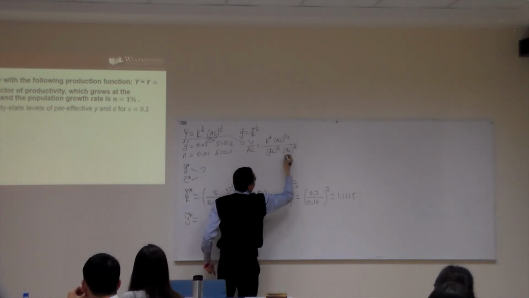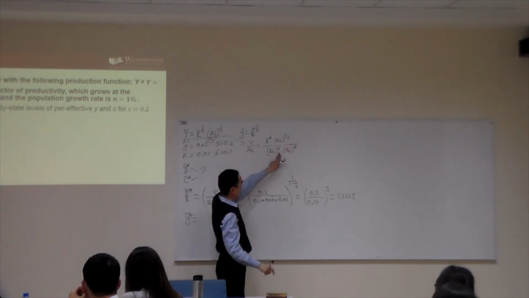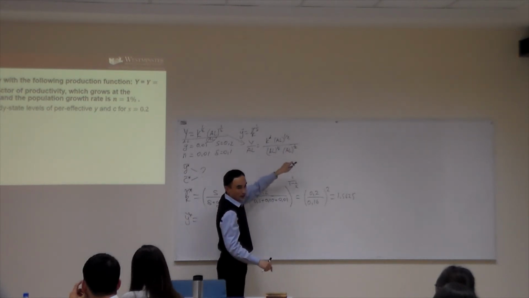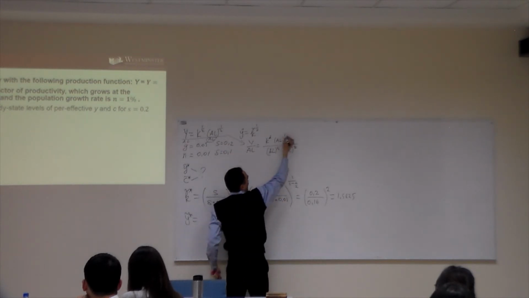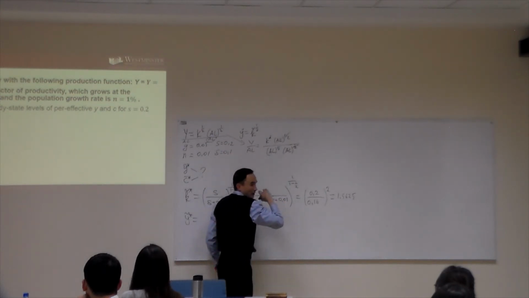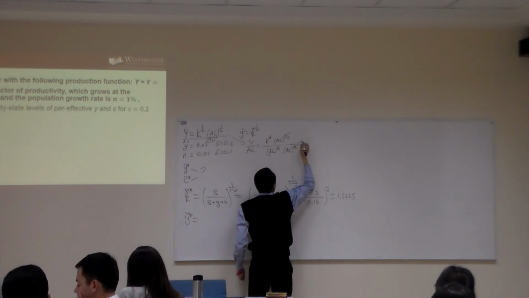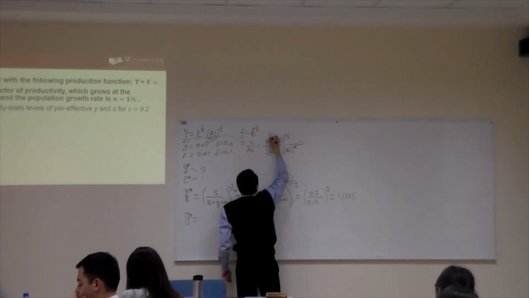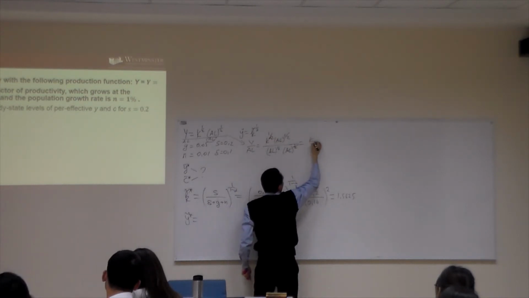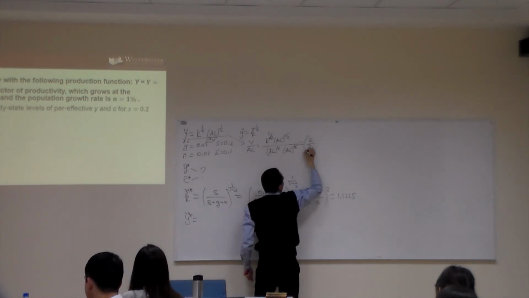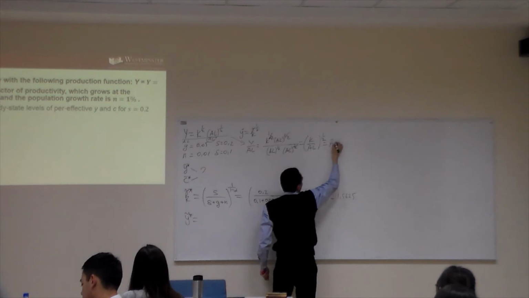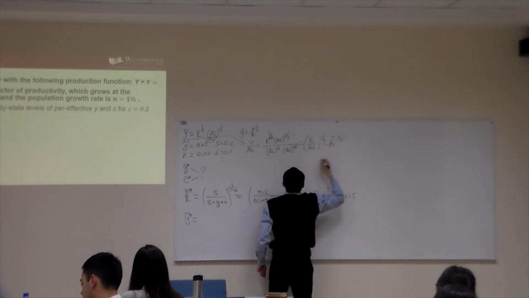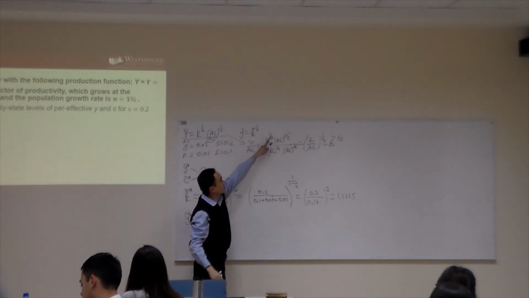Can I? Because if we just take this base, it will be equal again to 1 over effective labor. So I can cancel out one of these, which is going to give us capital over effective labor to the power of 1 over 2. And it's equal to capital per effective labor to the power of 1 over 2.